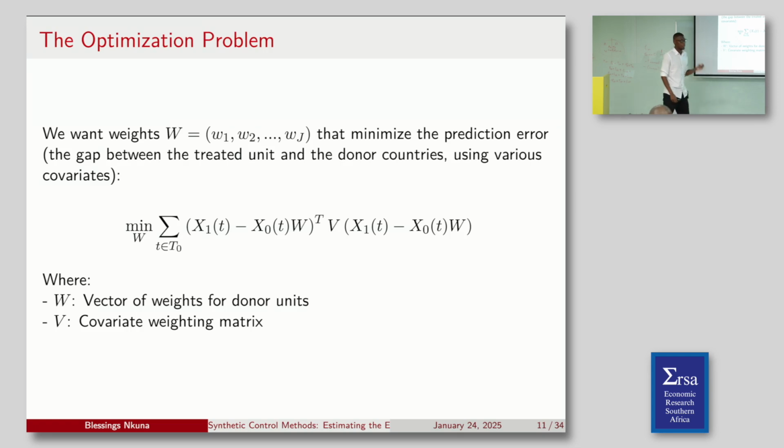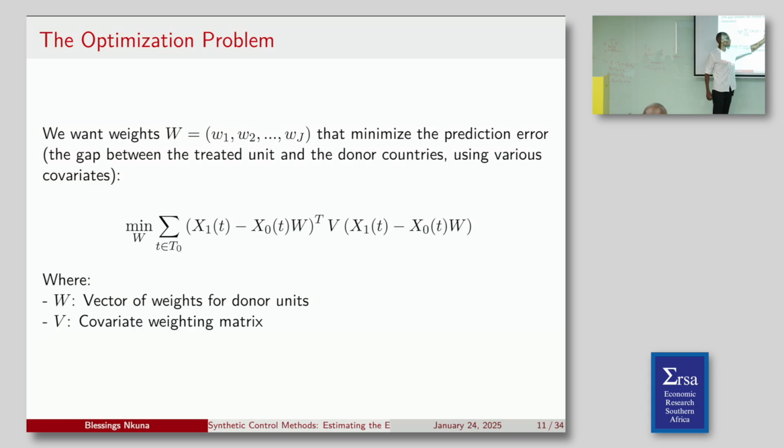So yeah, the whole idea of this method is finding the right weights to combine all the donor countries such that we can match the synthetic version of this combination to the actual state, the state that we look at that got the treatment. So the whole idea is that X1 basically represents, as we said, the covariates of the country or unit that received the treatment.